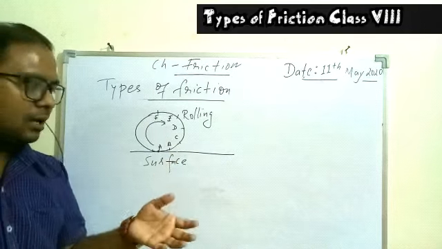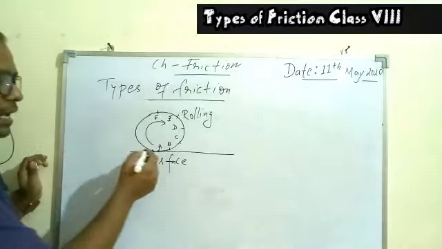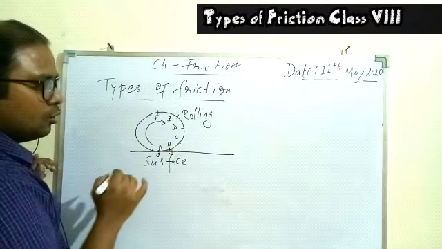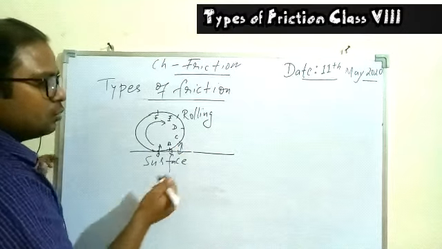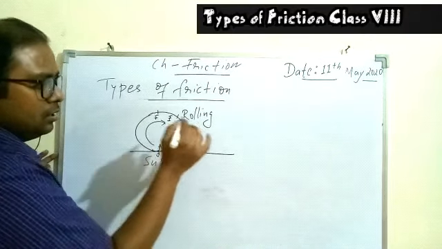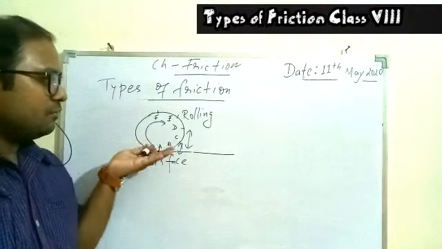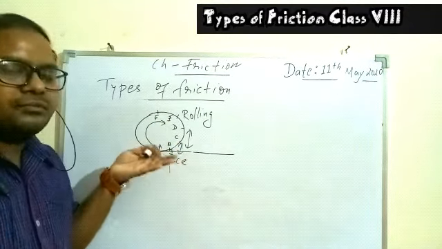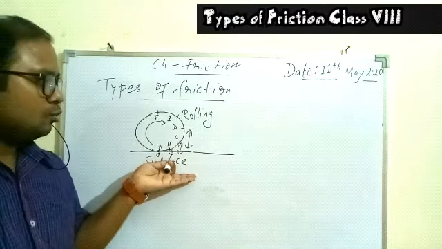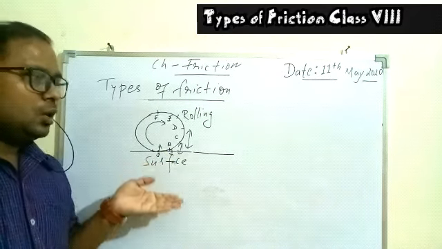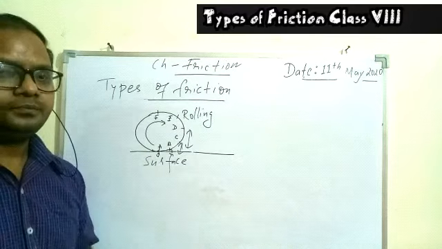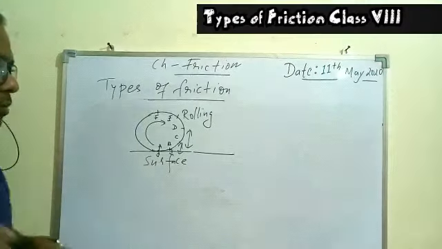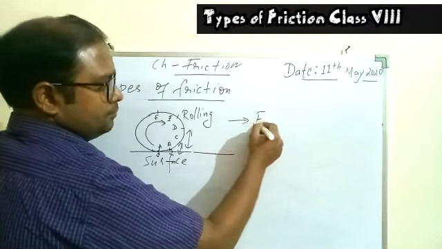This object will get very little time to get interlocked, because the time A tries to get interlocked with the surface, B will come. Now B will try to get interlocked, then suddenly C will come. When C tries to get interlocked with the surface, D will come. So every time, since the lower surface of the object keeps changing, the object will not get sufficient time to get interlocked. So in this case, the time given for interlocking between the object and the surface is minimum. And since the time for interlocking is minimum, the friction is minimum.